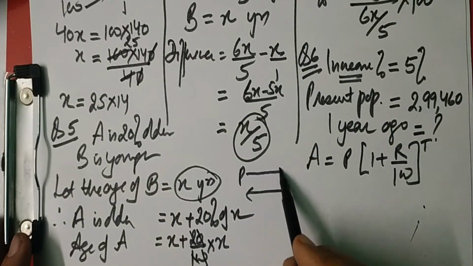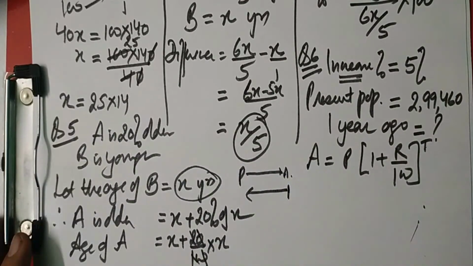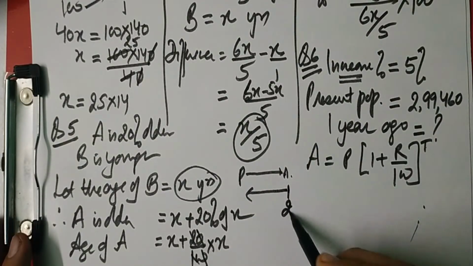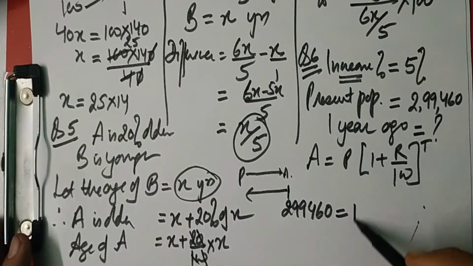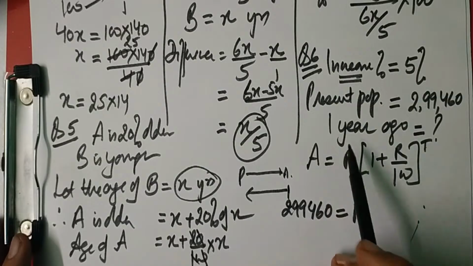After 1 year it became amount, and if another 1 year passes from today, that will be called amount. So 299460 is the amount. Principal is the population we have to find.